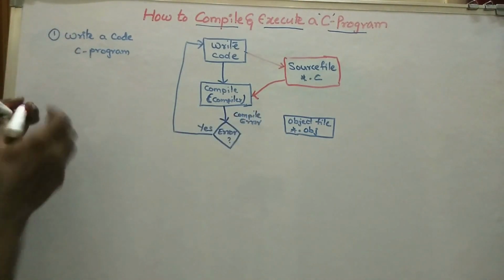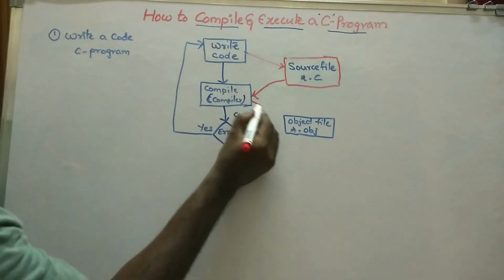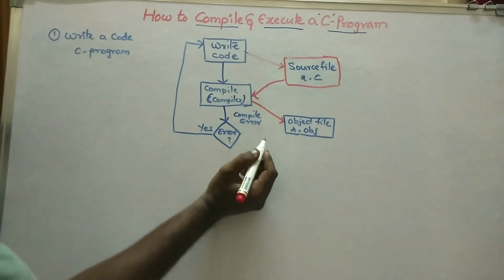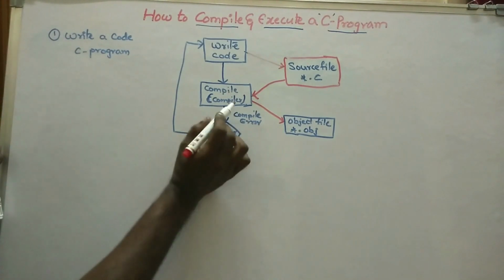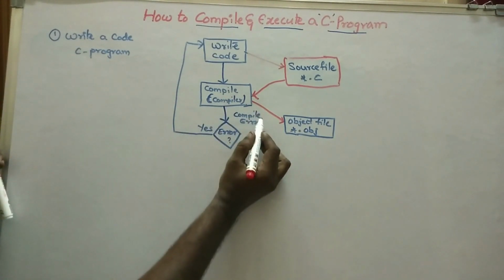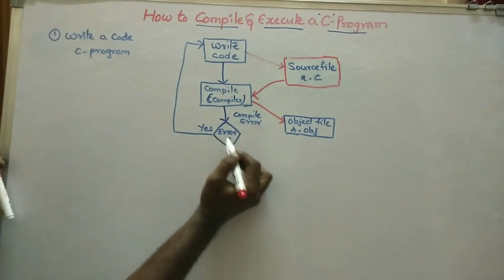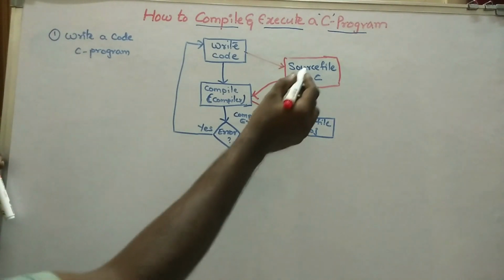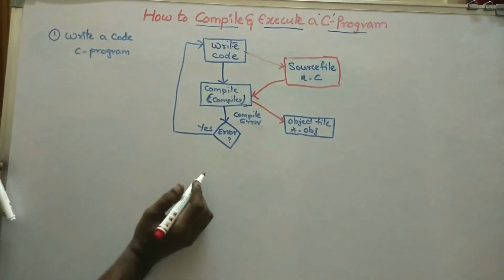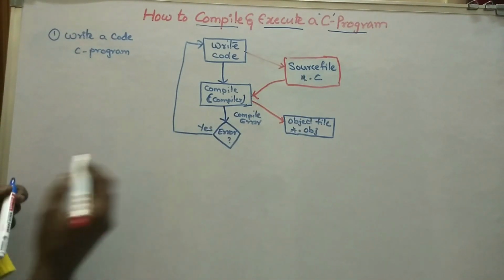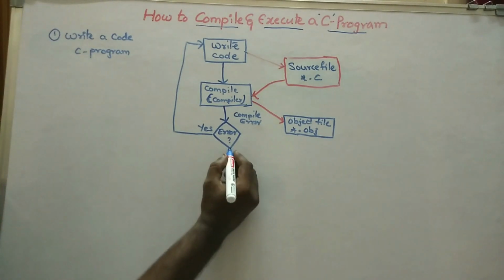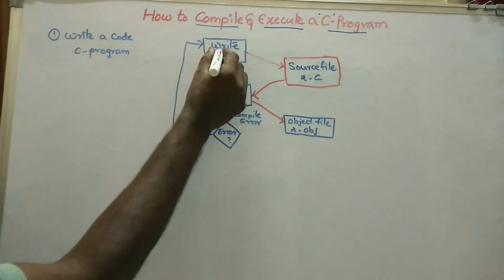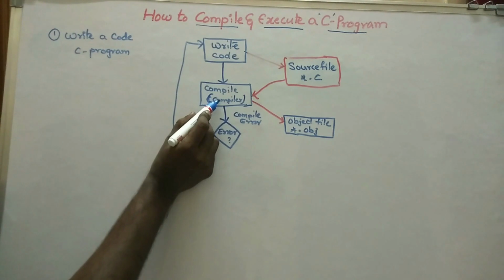That is the main purpose of compilation. So we do two processes here: one is compilation to check for any compile error, and the other is converting the source file into an object file. If there is an error, again you have to rewrite the program and compile.